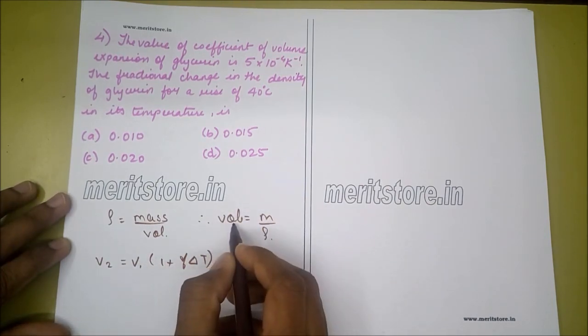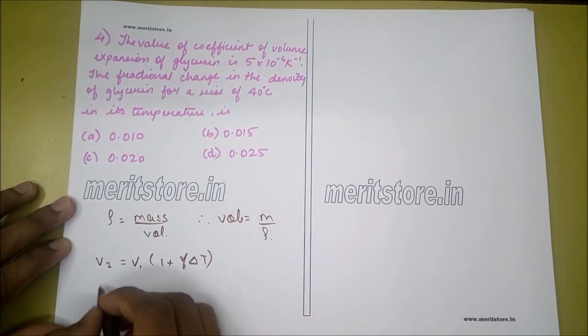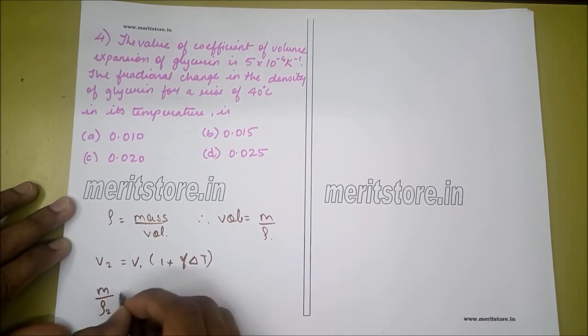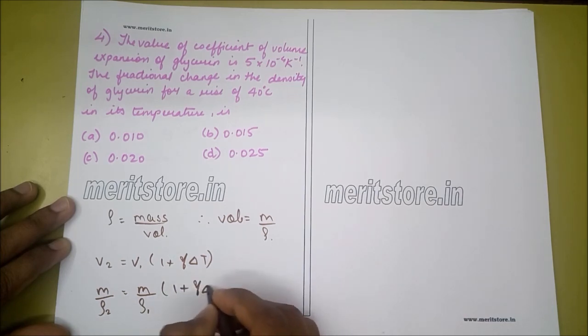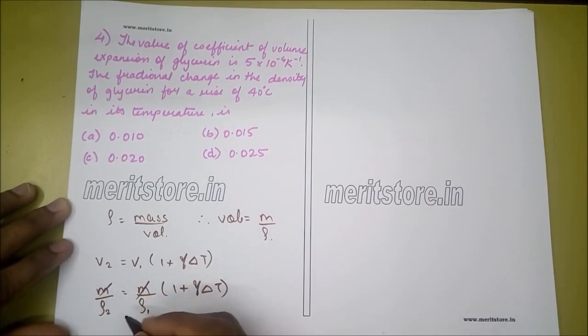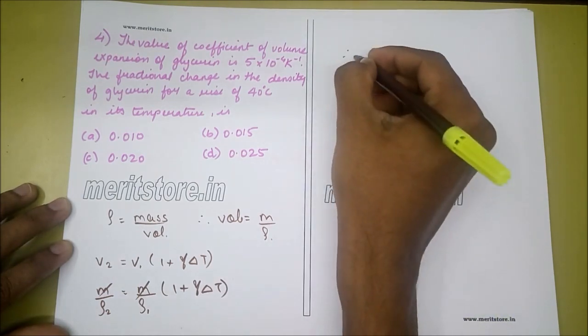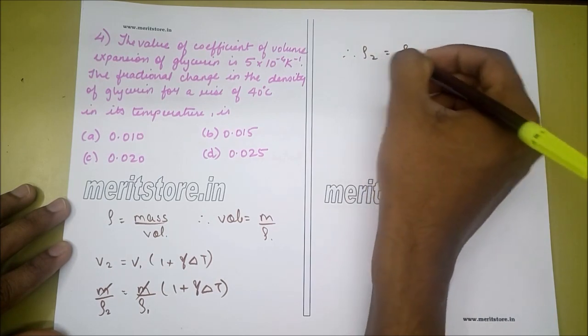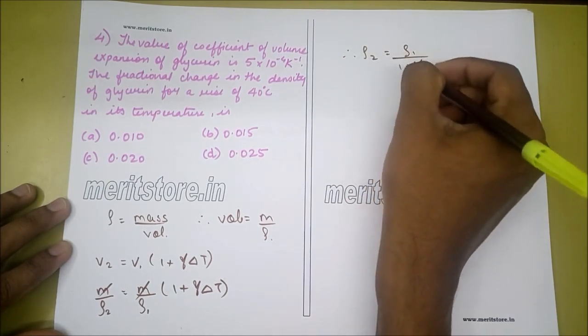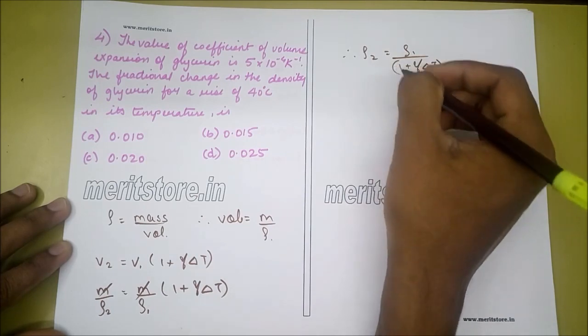So by substituting volume as mass by density, we get mass upon density for the second case equals mass upon density in the first case times 1 plus gamma times delta T. These mass terms get cancelled out because there is no addition of mass, only the volume changes and hence the density is changing. So therefore rho 2 can be given as rho 1 times 1 plus gamma into delta T.